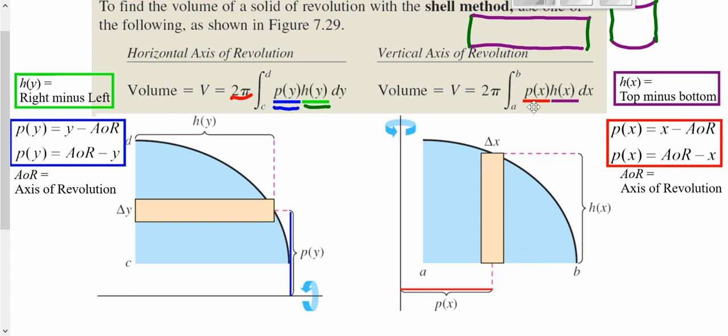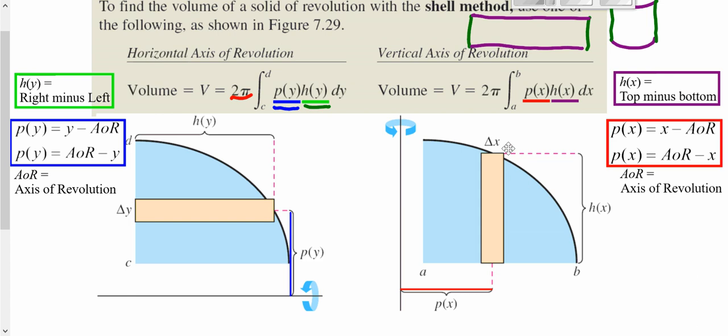Then your radius is always your variable minus axis of revolution, or if your axis of revolution is over here on the right, your axis of revolution minus your variable. Basically, you just have to do big minus small. So what's underlined in red here represents your radius.